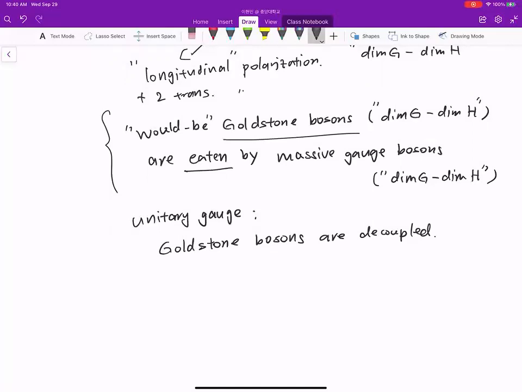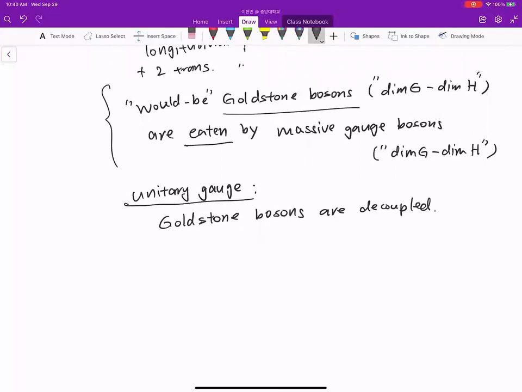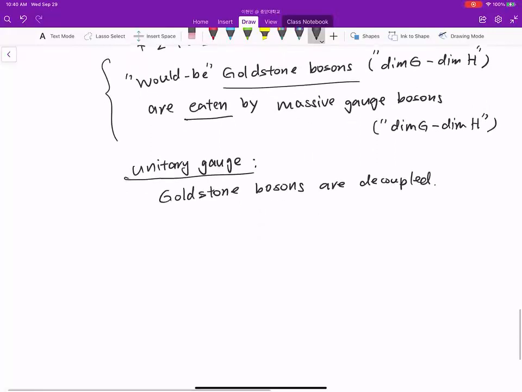Sometimes they are massless and appear in the Lagrangian. Sometimes they don't appear because their masses are very large, essentially infinite. This is what we call unitary gauge. You don't see Goldstone bosons in the Lagrangian anymore. You only see massive gauge bosons. So I think this is the general statement.